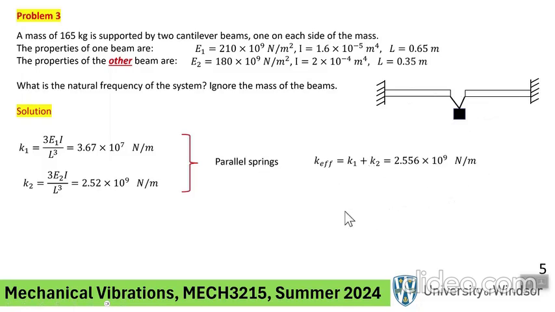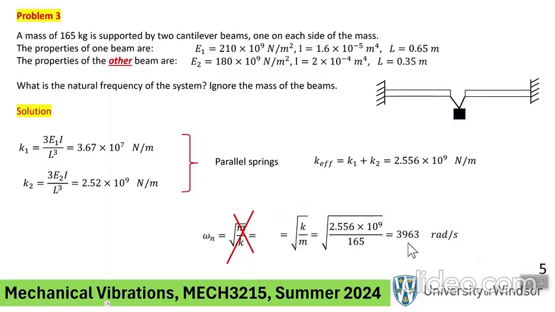Then the rest is history, because you just write down the expression for k over m. M, you're told what it is, 165 kilograms, and k we just found. Of course, just remember this is k over m, not m over k, and you get that many radians per second.